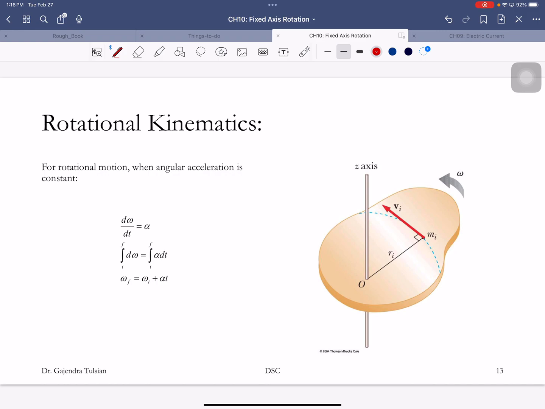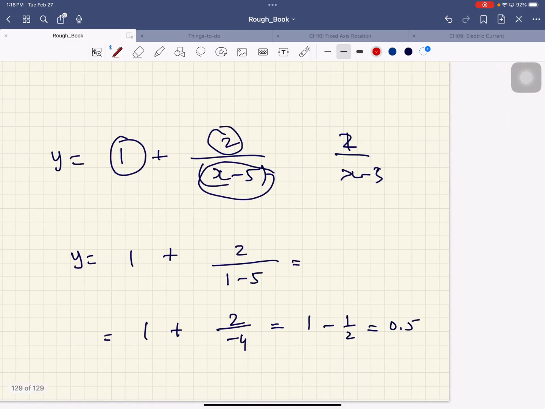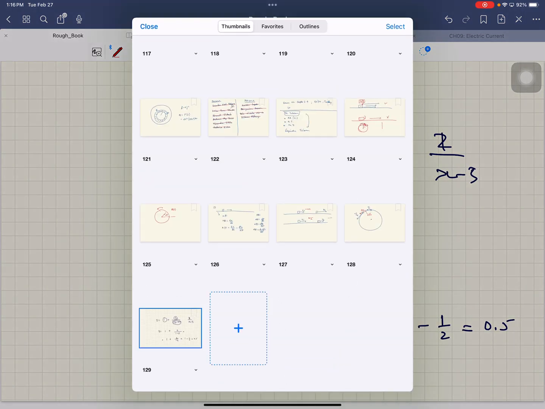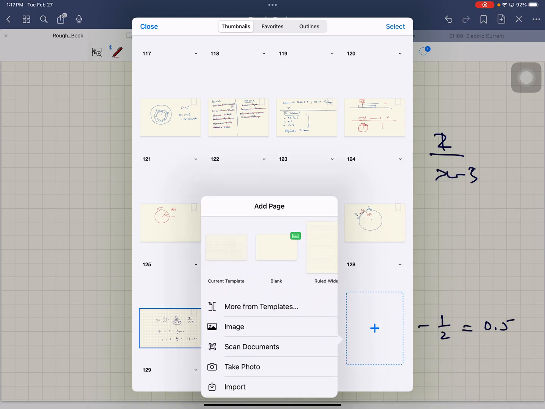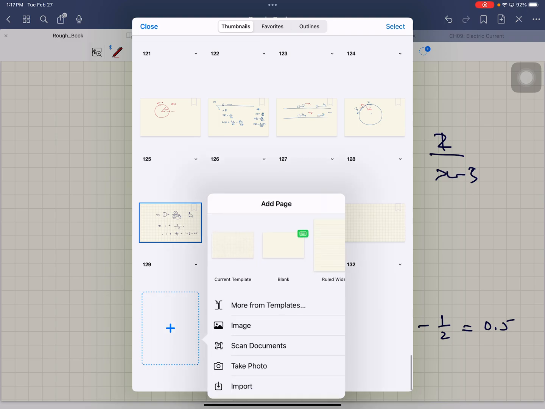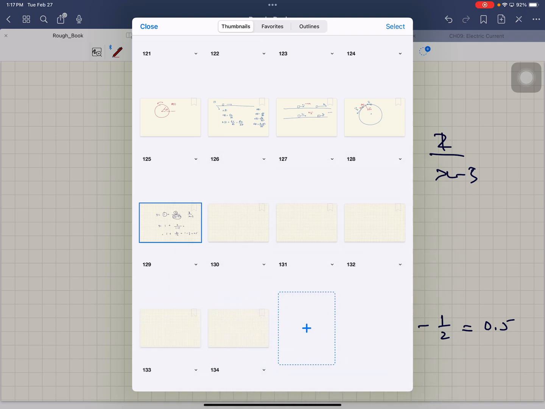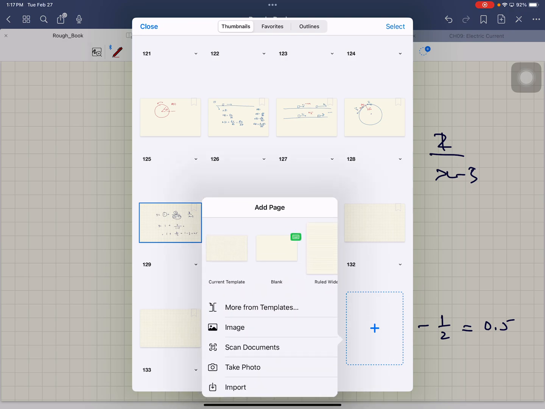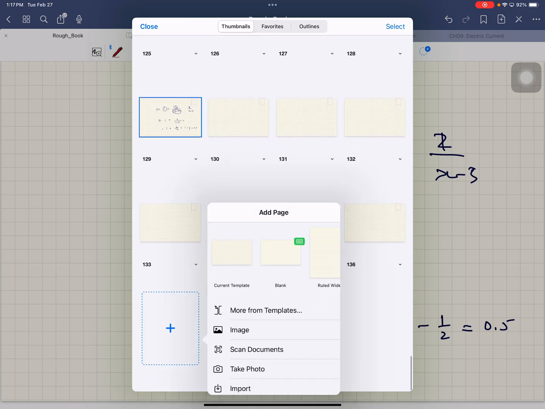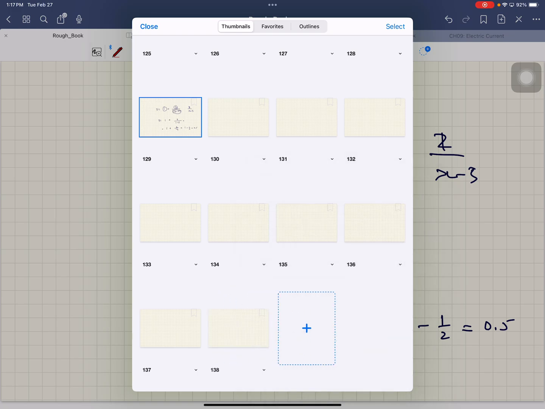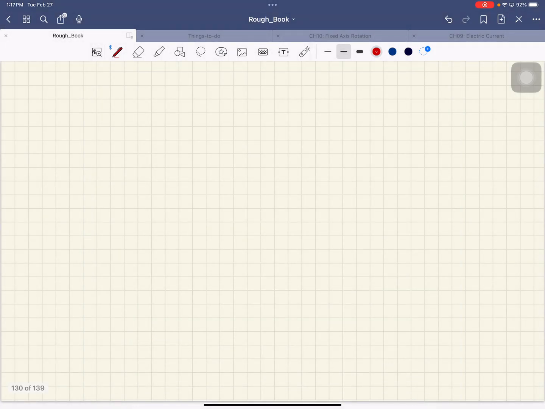Now we'll come to the formulas that we will use. So here is the 1D motion.